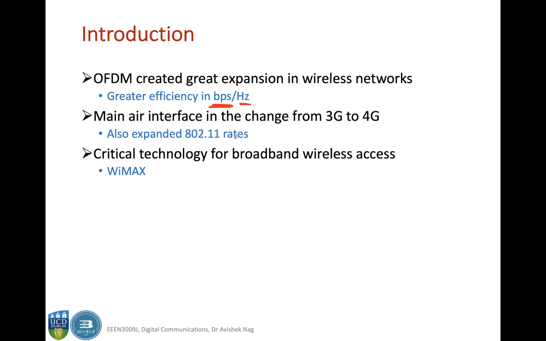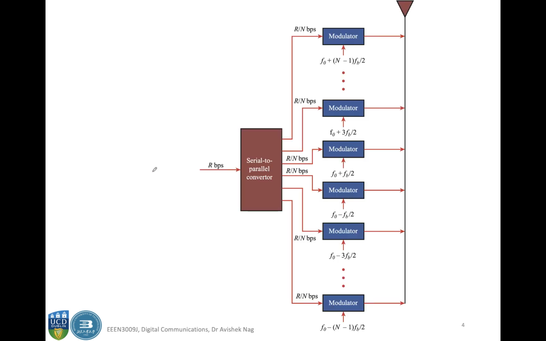While we were upgrading from 3G to 4G, OFDM became the main air interface, the main physical layer transmission technology from 4G onwards. It is also a critical technology for broadband wireless access like WiMAX. So this is what actually happens.